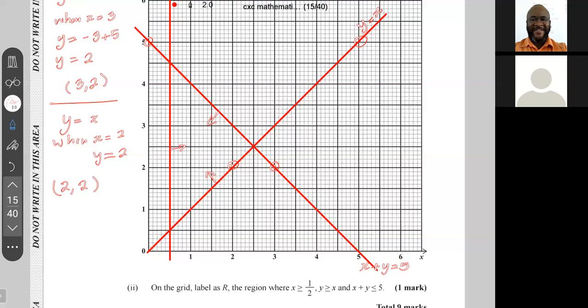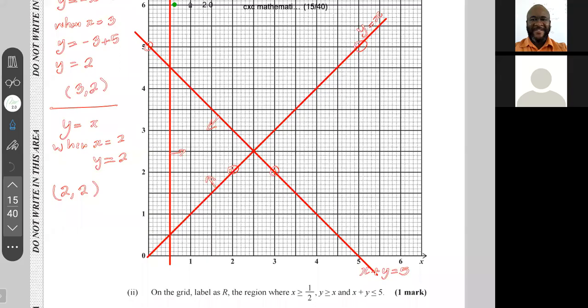So what I want to show you then is that this triangle here is the region that satisfies all of these inequalities. Now, this is called a common region or the solution set.